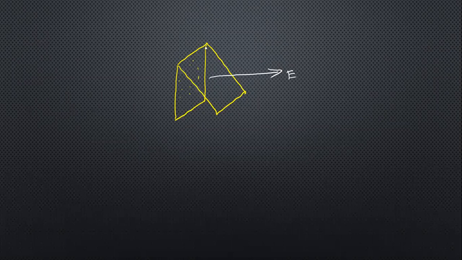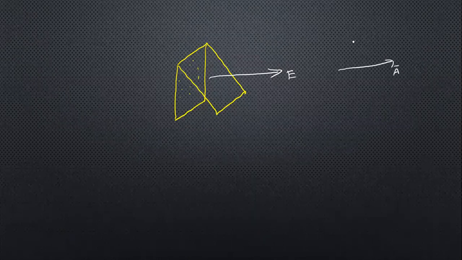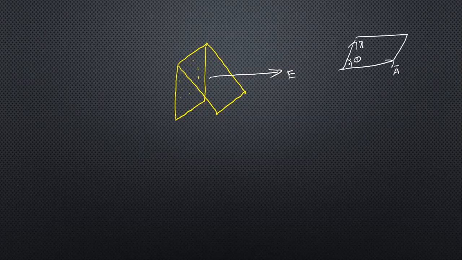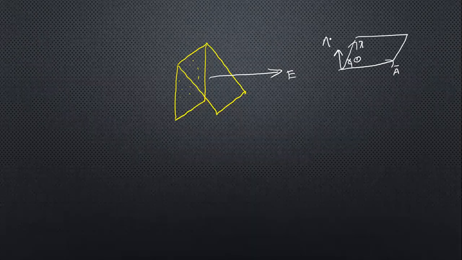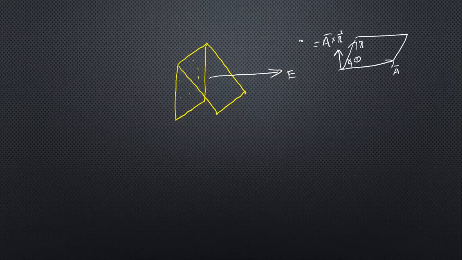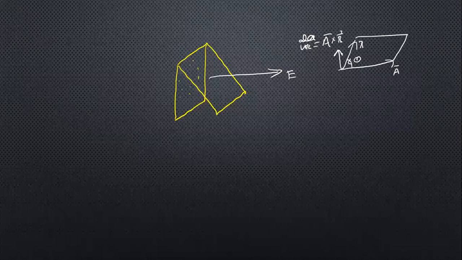Now, this area, from your vector idea, we know if vector A, vector B are like this, if angle is theta between them, this is A cross B, right? This is nothing but area vector. Isn't it so? Geometrically. So if I have this area like this, total area can be represented by an area vector which is normal to the surface.